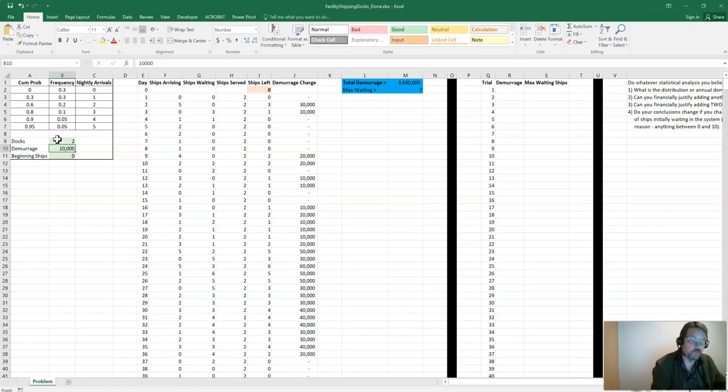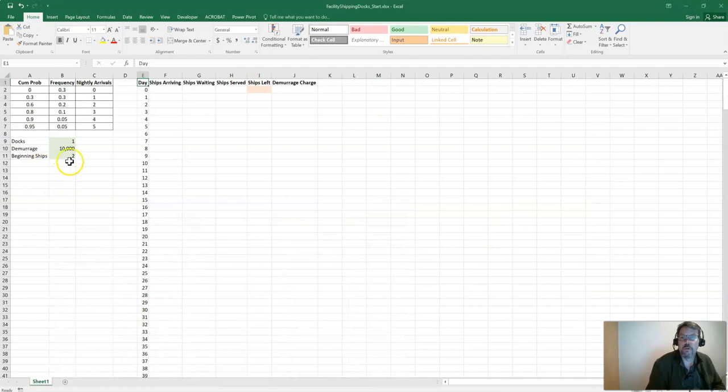With 2 docks, it's not so bad. So let's look at how we actually build this model. We're going to start here and take our time building the model.